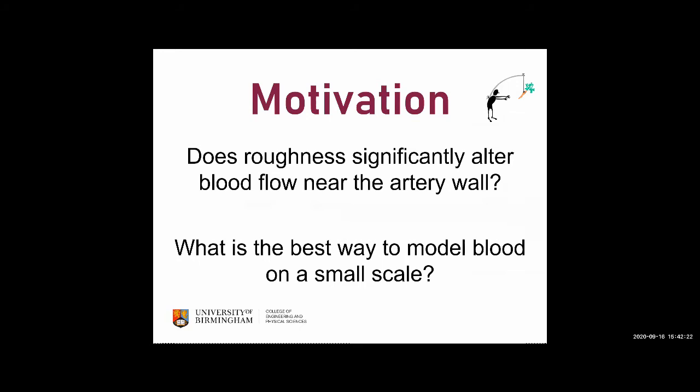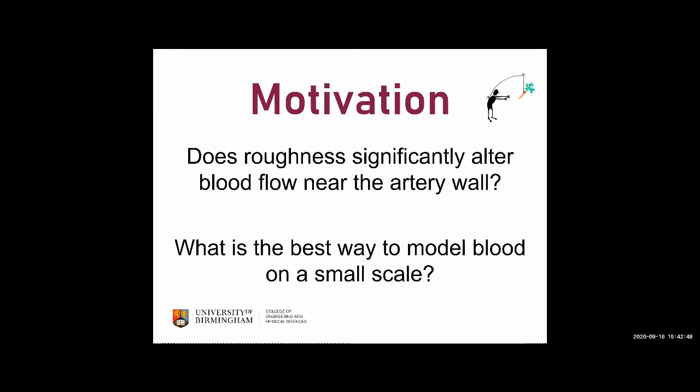Is one, what effect does this roughness have on the blood flow, on the health of the wall in terms of the parameters that we'd usually investigate? How is it affecting the wall, a rough wall that we have measured versus an assumed completely smooth, nice wall? And then the second question that comes from that is, we have several approaches of how we model blood flow.